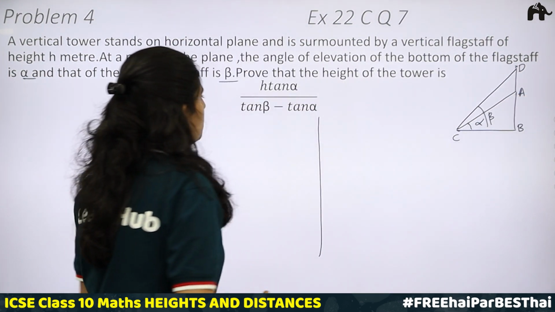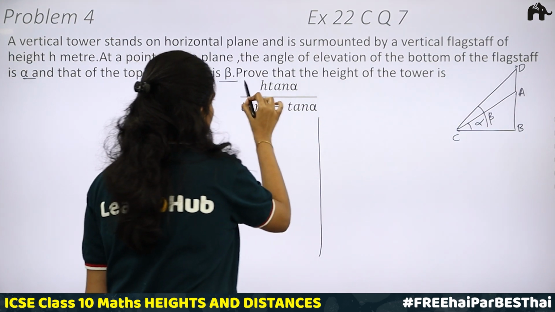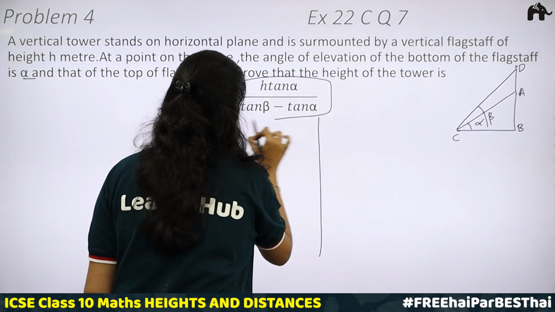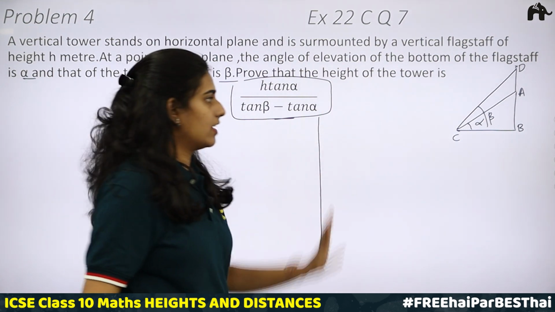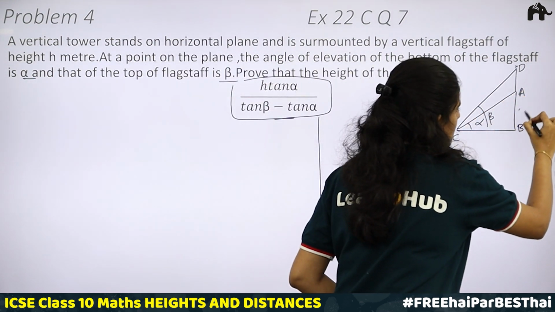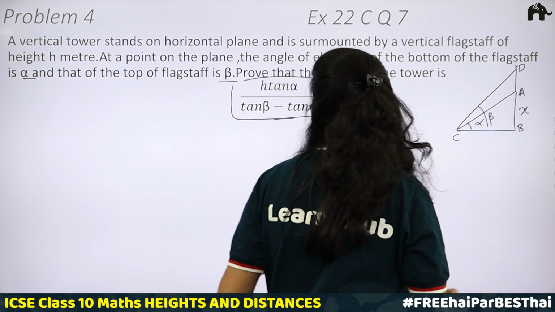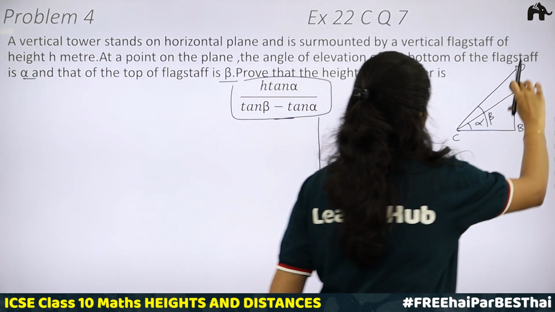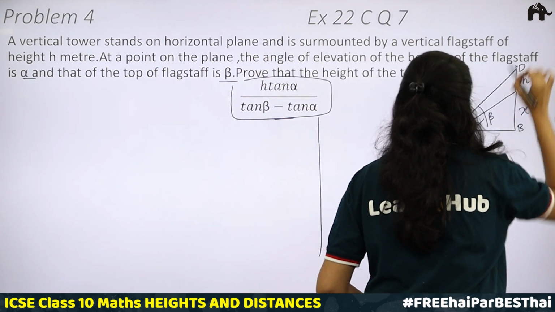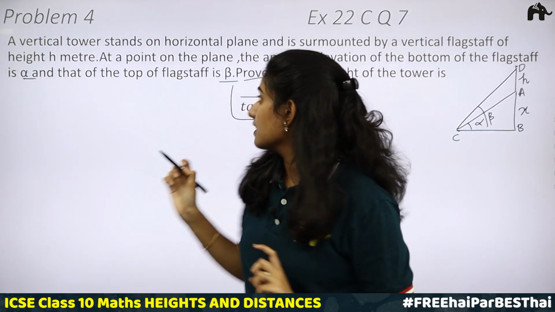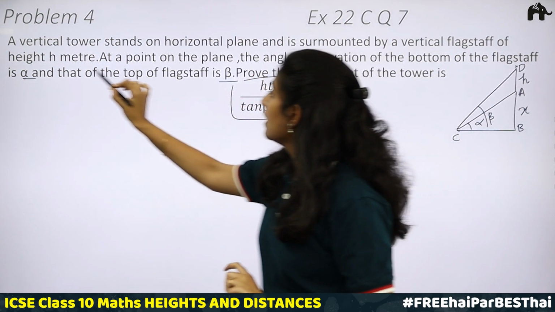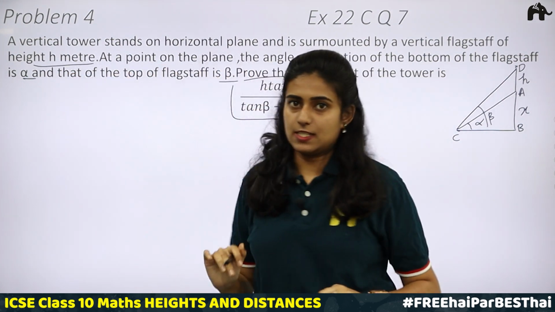We have to prove that h tan alpha divided by tan beta minus tan alpha is the height of the tower. Let us take the height of tower as some x. It is given that AD is equal to h, which is the height of flagstaff, h meters.